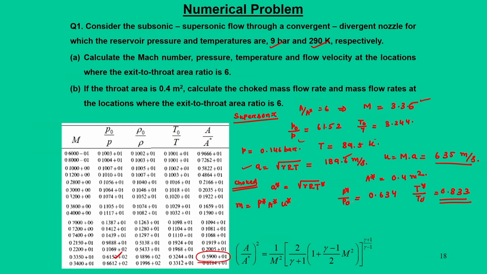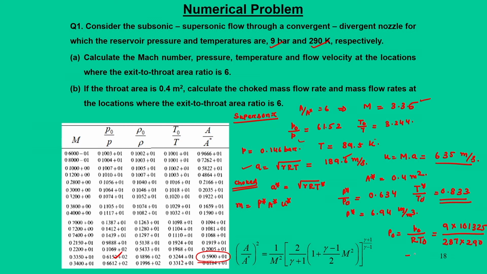So, from this we can get rho star as 6.94 kg per meter cube, because rho naught we can find out as P naught by R T naught. So, P naught is 9 bar, 9 into 101,325, R is 287 into T naught is 290.